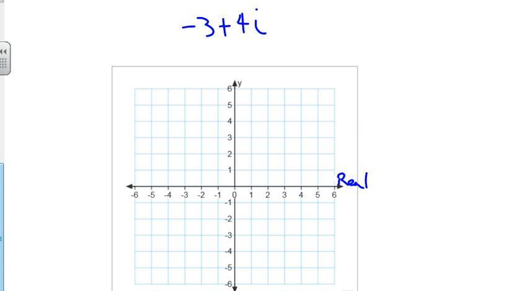And instead of calling my vertical axis the y-axis, I'll rename that the imaginary axis. So we call this the imaginary axis, and this then the real axis.